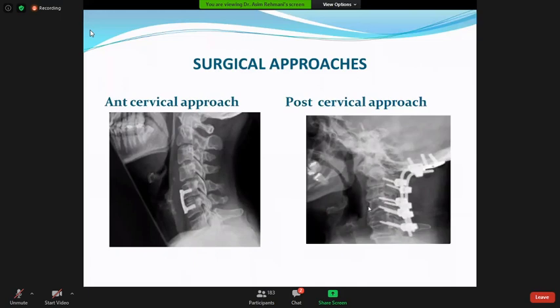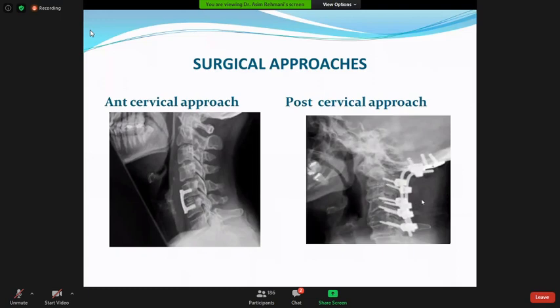This is another picture in which you can see the same X-ray cervical spine lateral view, but this time, this is a posterior decompression, in which there is decompression of the occiput and upper cervical vertebrae, along with fixation of lateral mass screws in the cervical spine and screws within the occiput.